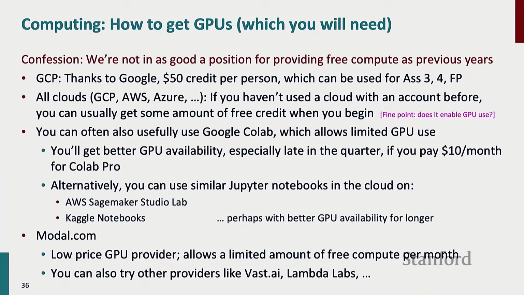So other possibilities, Modal is a low-price GPU provider and allows a certain amount of free GPU usage a month, so that could be handy. There are other lower-cost GPU providers like FastAI, which could be of relevance.